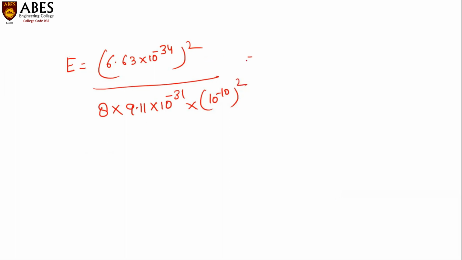Here we have 6.63 into 10 to the power minus 34 whole square, so the powers come to minus 68, and in the denominator minus 31 and minus 20, that comes to minus 51. Minus 68 plus 51 means minus 17.